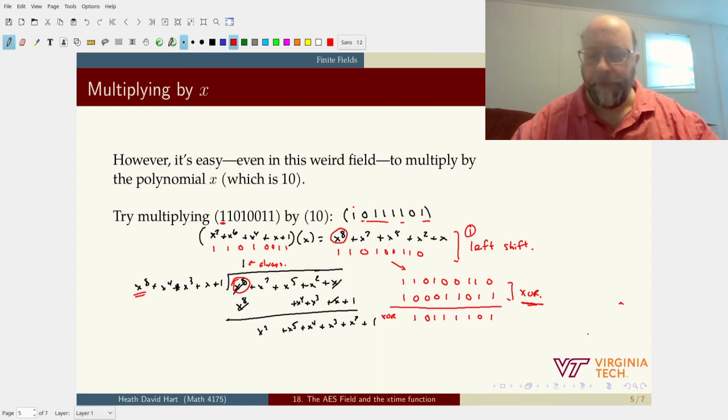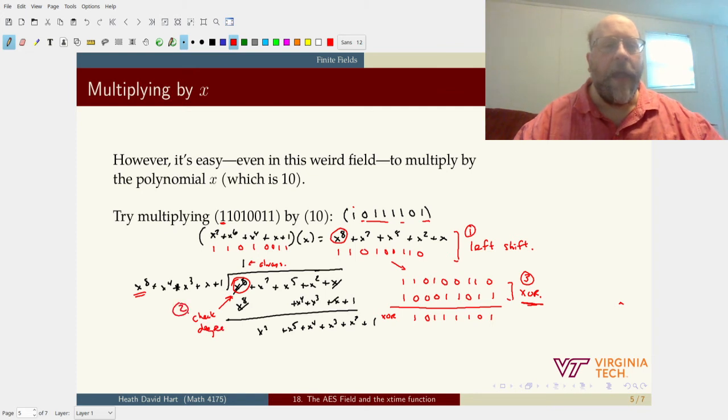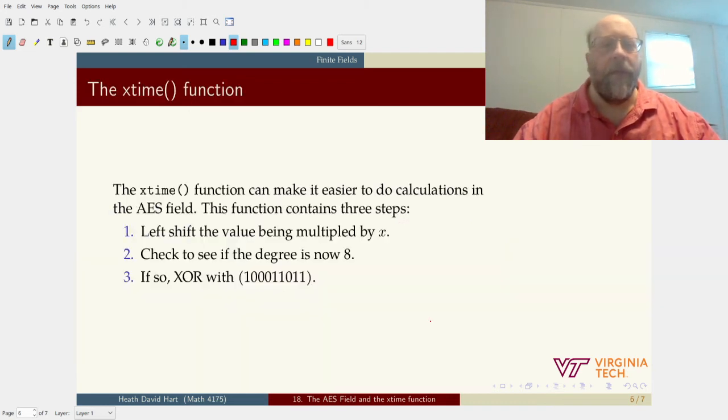Okay? So this is our third step. So left shift, then we check the degree. And if the degree is an 8th degree polynomial, then we just do an XOR, and then we get the answer. So that's summarized right here.